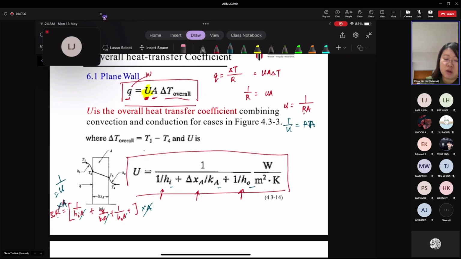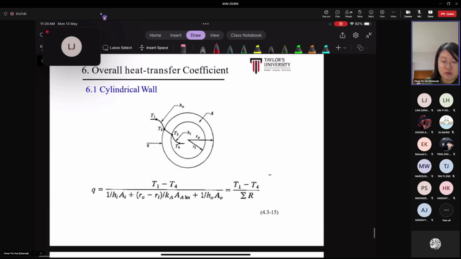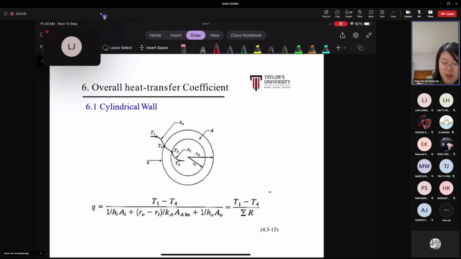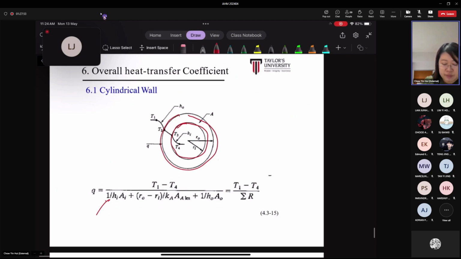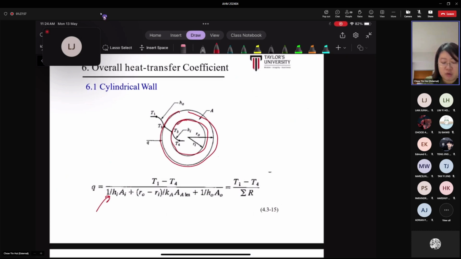Now, the overall heat transfer coefficient can be expressed, let's say for the case of a cylindrical wall, in terms of the inner surface area or the outer surface area. Let's say you have combined convection and conduction through a cylindrical wall: convection, then conduction, then convection.